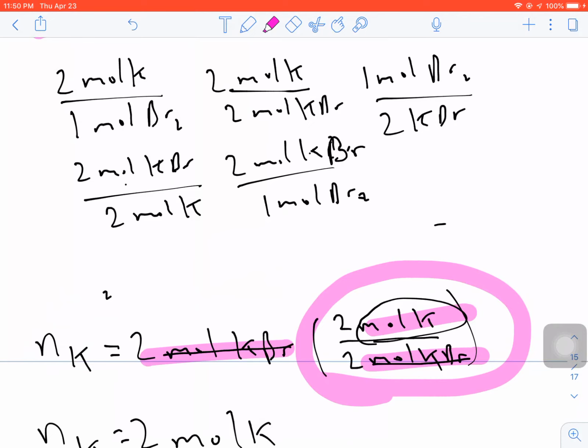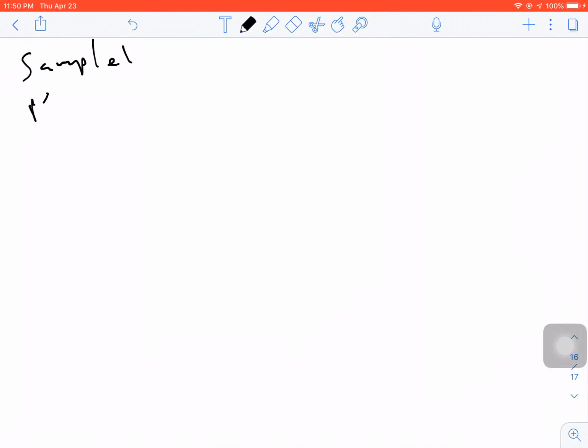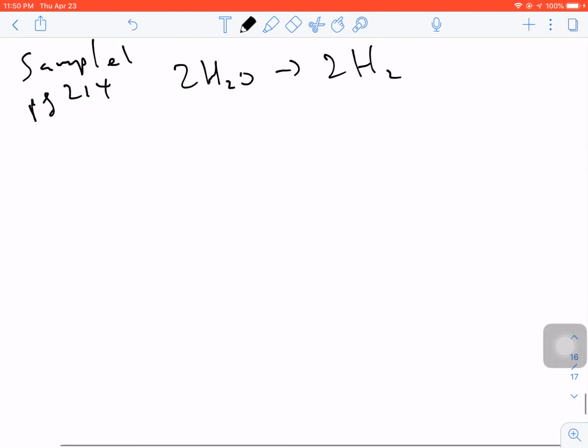So if I look at the example in our textbook, sample problem 1 on page 214, the equation says two H2Os react to make 2 hydrogen gases plus an oxygen gas.